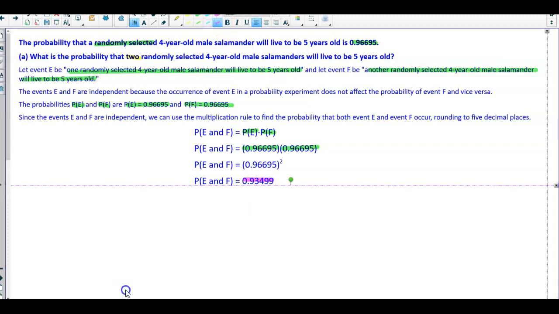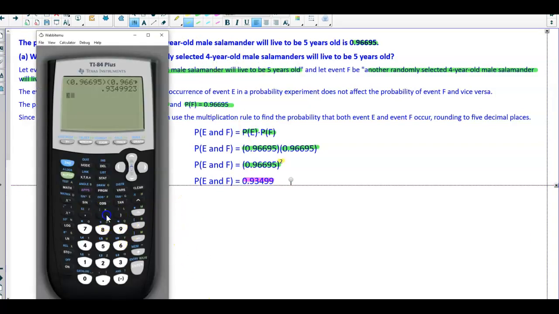Okay, now another way of doing this is by taking the value of that probability and then raising it to the second power, because we're looking for 2 randomly selected 4-year-old male salamanders. So we're going to get the same result if we take 0.96695 and then square it, and you will see we get the same result.